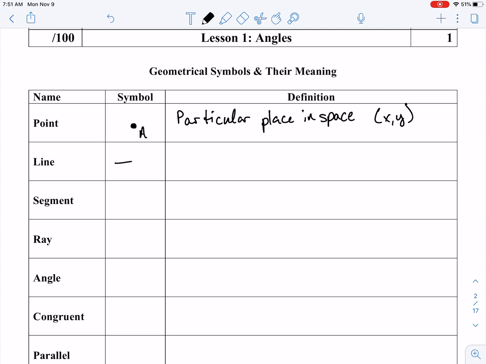Line, symbol, it looks like a line with 2 arrows on the end. This is key. Okay. So a line is straight.